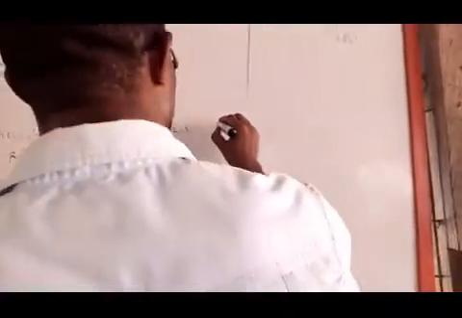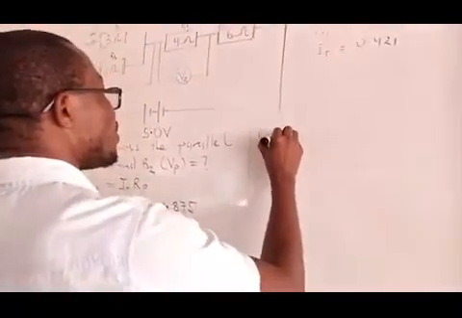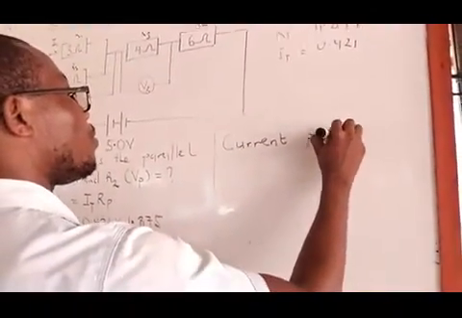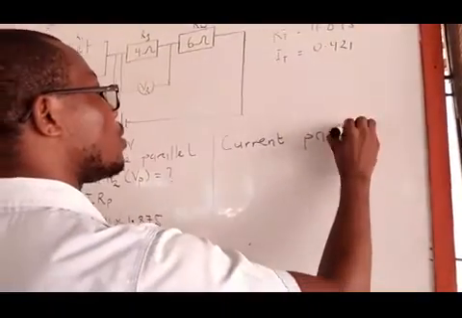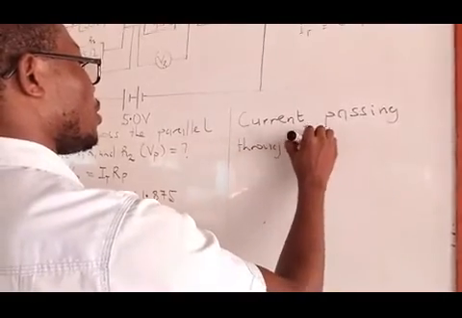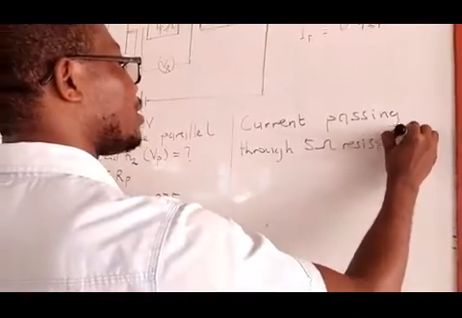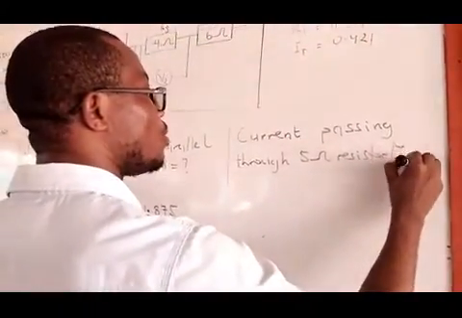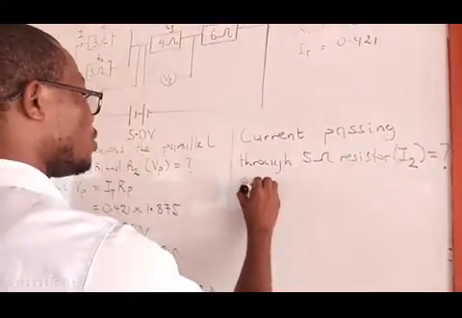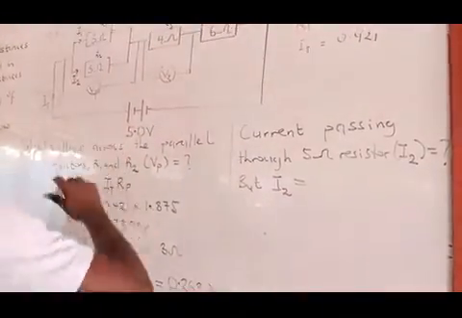Let's look at the current flowing through the 5 ohm resistor. So current passing through the 5 ohm resistor. That is what's labeled as I2. So here your I2 will also be equal to the VP over the R2.